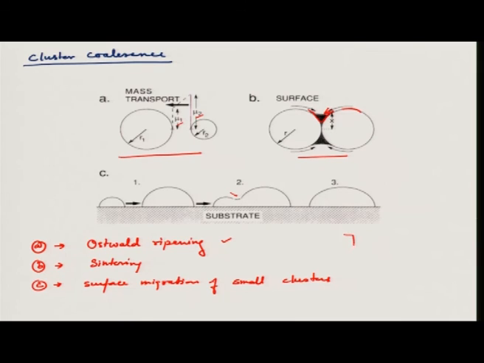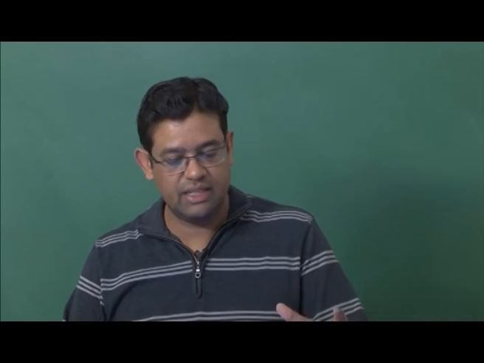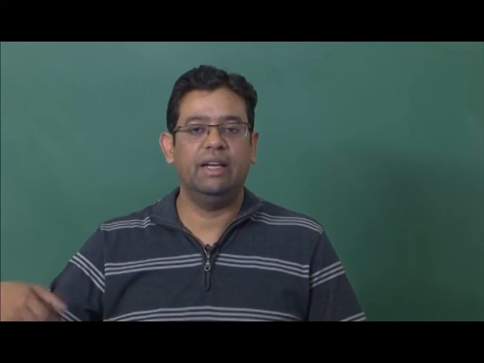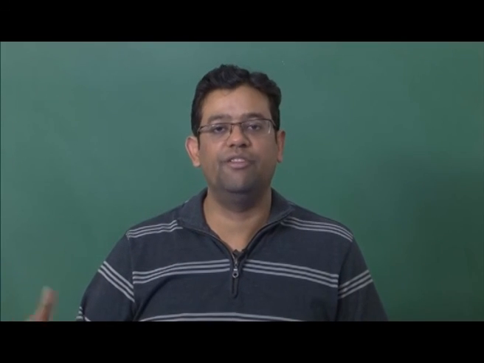So these are the three different processes by which these clusters or stable nuclei will merge together to form a continuous thin film. With this we will stop here. In the next lecture we will discuss how these different processes and different conditions give rise to different types of thin film morphologies. Thank you very much.